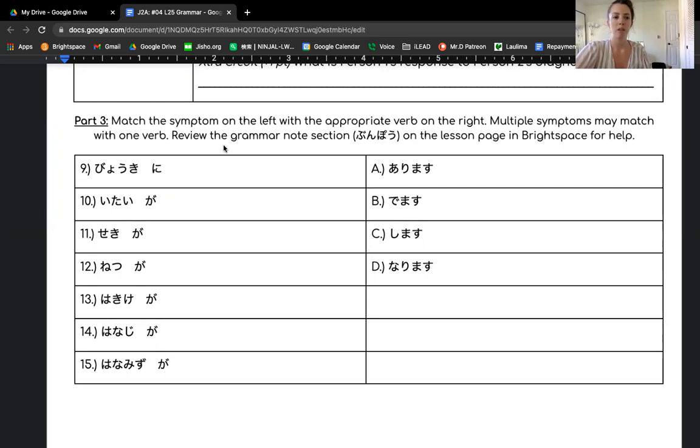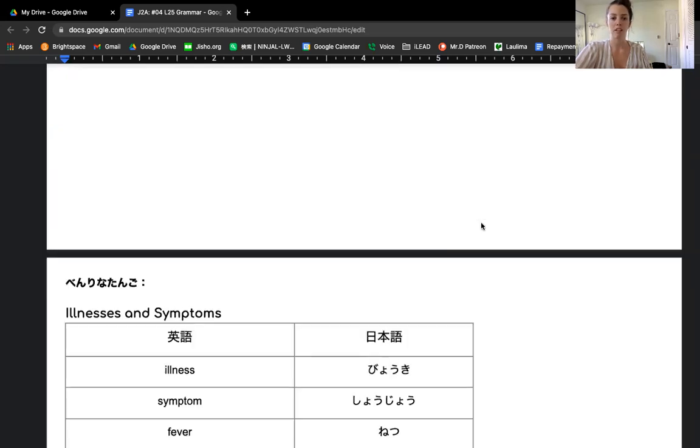So when talking about sicknesses in Japanese, there's different verbs you can use and obviously different words for the sickness, but there will be a particle and a specific verb to go with each. And so this exercise is to practice matching those up correctly. As long as you use the Bunpo section on Brightspace to reference and check your answers, then you should be good to go. So ganbatte there, do your best.